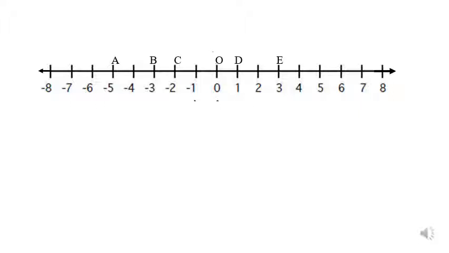Whichever number the alphabet is denoting or belongs to, that is the coordinate of that alphabet. So the coordinate of point A is -5, of B is -3, of C is -2, of O is 0, of D is 1 and of E is 3.